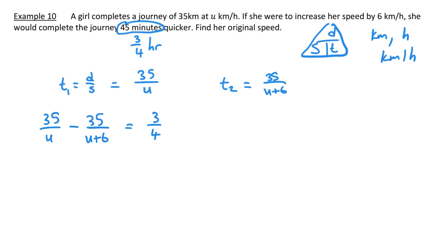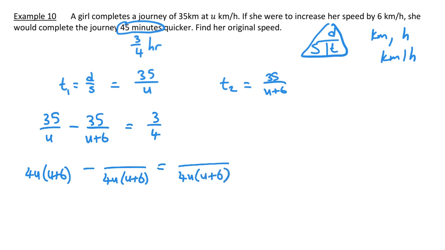So we've got fractions and equations, so what we need to do is find the common denominator. And the common denominator is going to be found by multiplying the 3 together. So it's going to be 4u times u plus 6. So the first fraction has the u, so we need to multiply it by 4 and u plus 6.